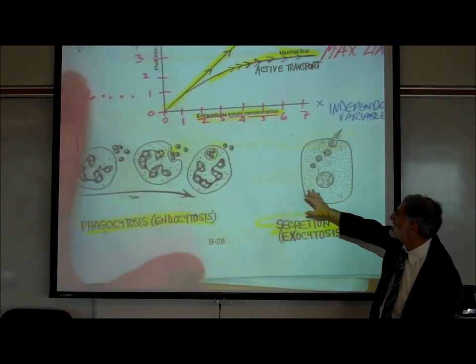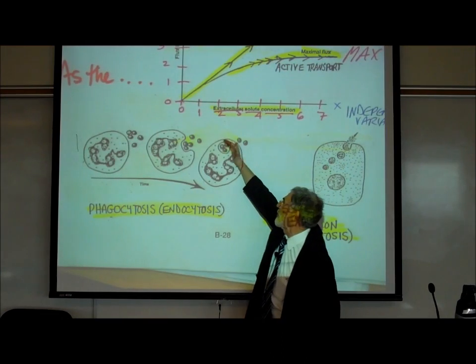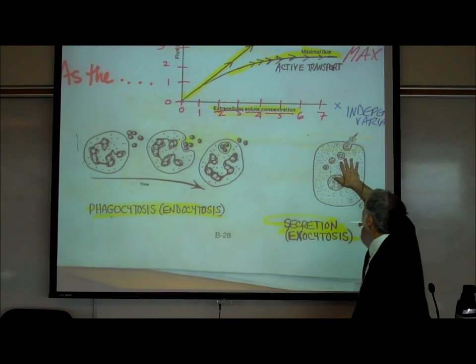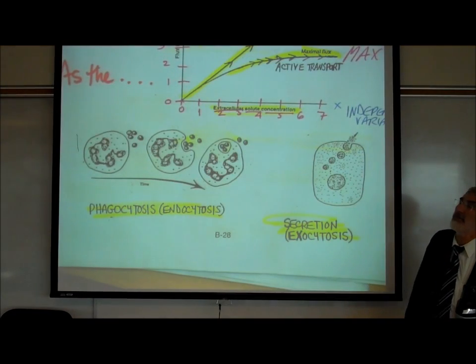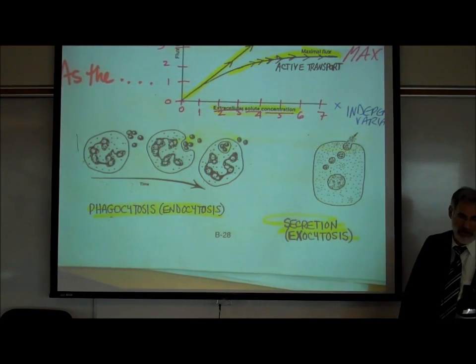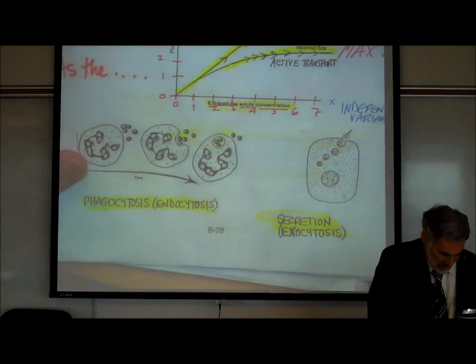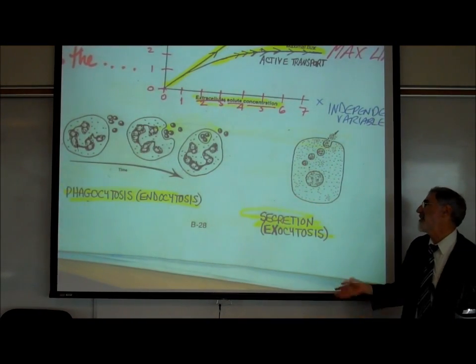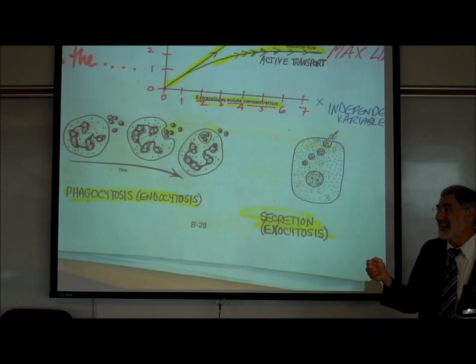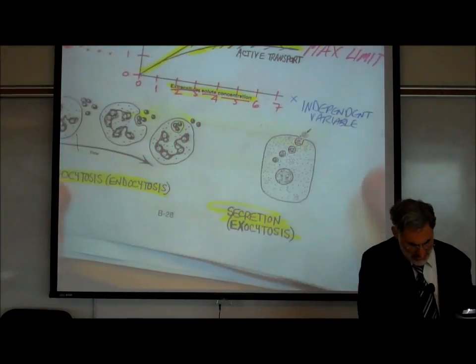So these are just the opposite. Here stuff is going into the cell, here stuff is going out of the cell. In both cases, it does require the use of energy in the form of ATP to make that happen. So we have now described the major ways that chemicals can get in or out of a cell.